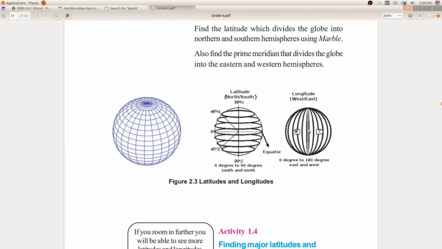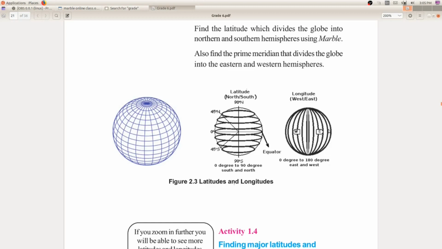So in your textbook, you can see in page number 21, longitude, this middle line. Can you see here this middle line? This is known as the 0 degree standard meridian or prime meridian, which divides this globe into two parts.